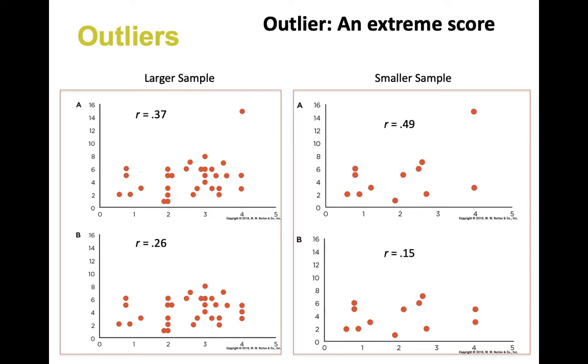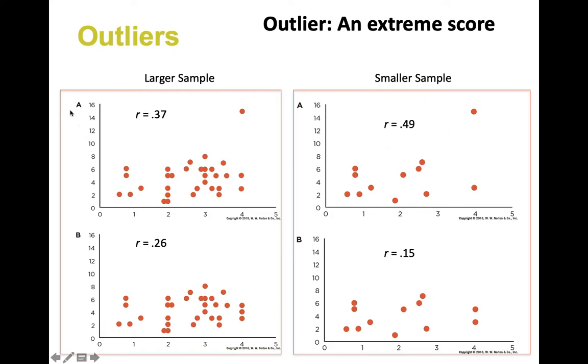So we've got two different sets of scatter plots. One set of scatter plots is a larger sample, and then the set of scatter plots on the right, we have a smaller sample. And you can just see that there's more dots in the larger samples and fewer dots in the smaller sample.